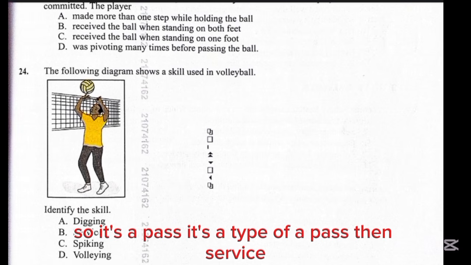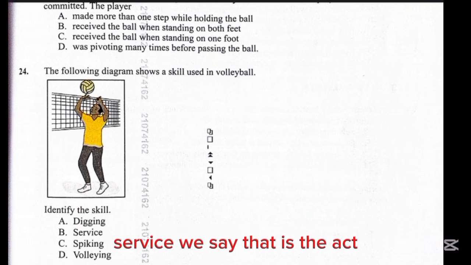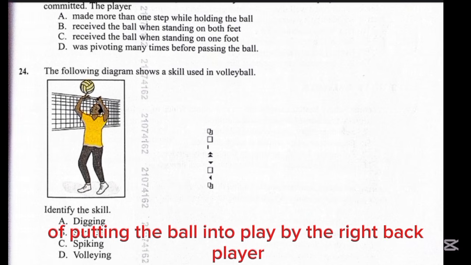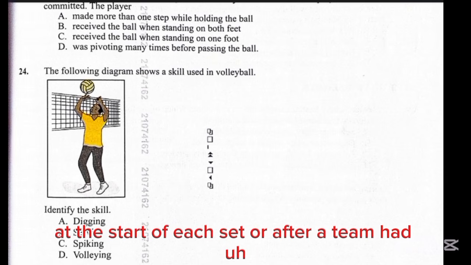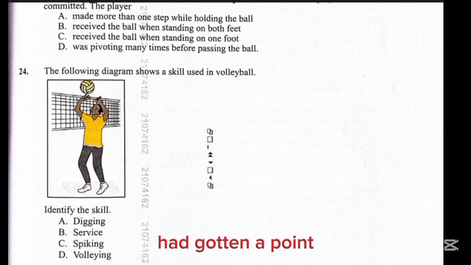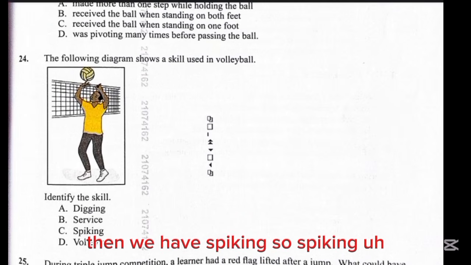Then service. Service is the act of putting the ball into play by the right back player at the start of each set or after a team has gotten a point. Then we have spiking.